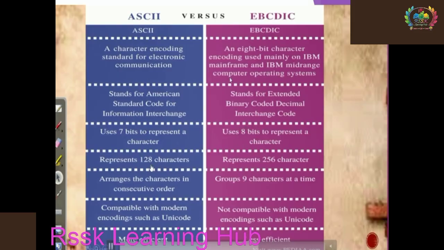ASCII represents 128 characters, and EBCDIC represents 256 characters. All the characters are in consecutive order in ASCII, whereas in EBCDIC you have groups of 9 characters at a time. ASCII is compatible with modern encodings such as Unicode, whereas EBCDIC is not compatible with Unicode. ASCII is more efficient, whereas EBCDIC is less efficient.